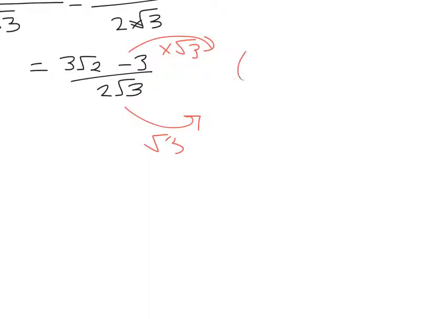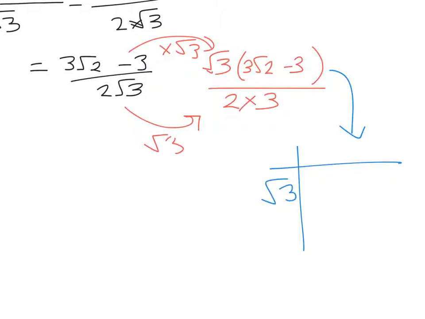So on the top, I'm going to have root 3 times 3 root 2 minus 3. And on the bottom, I'm going to have 2 times, now root 3 times root 3 is 3. So I can do a grid method for the top bit.